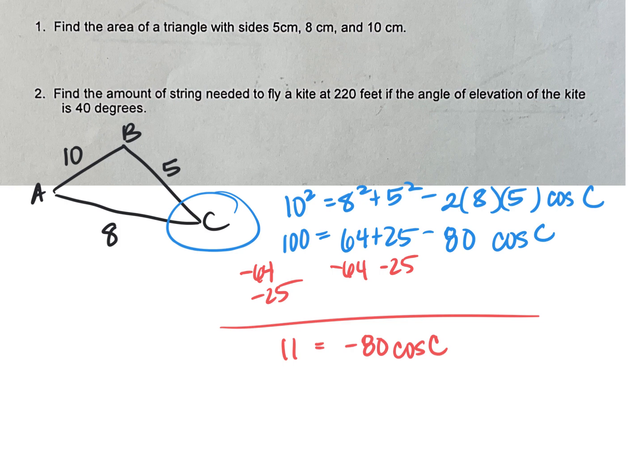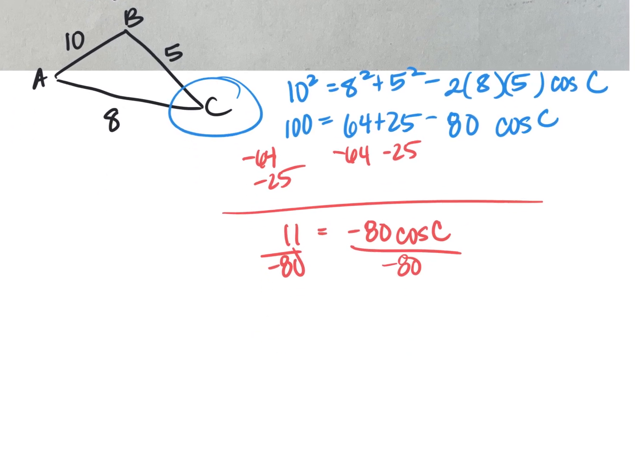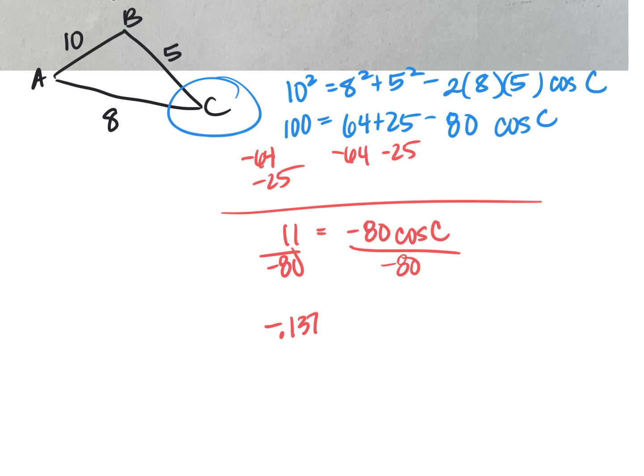And when I divided that out, I got negative 0.1375. Then how do I get C? Inverse cosine, second cosine, negative 13.75.